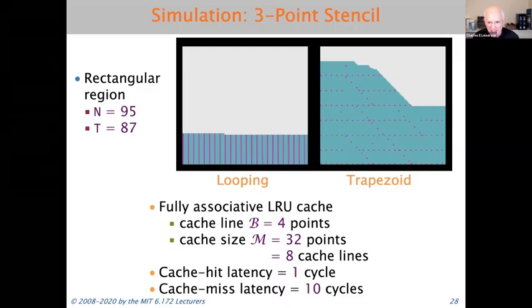And our ideal cache with LRU replacement can fit 4 points per cache line, and it has room for 32 points on 8 cache lines. So it's not a big cache, but it's going to illustrate the idea. I'm going to run the two simulations side by side. Teal, which is bluish green, is a cache hit, which costs only 1 cycle. And magenta, the purplish red, is a cache miss, which costs 10 cycles.